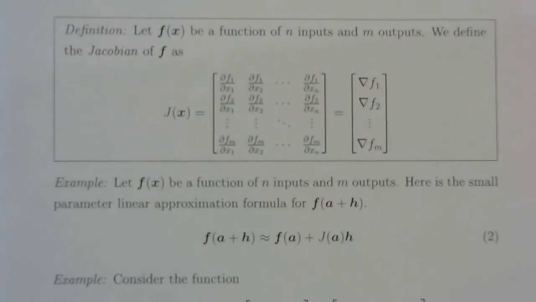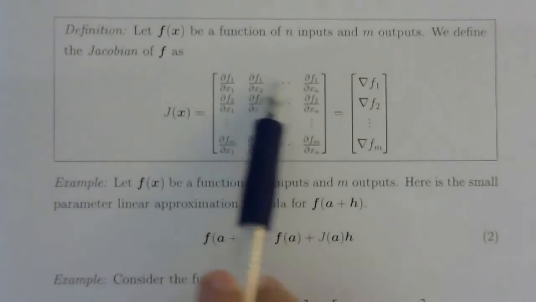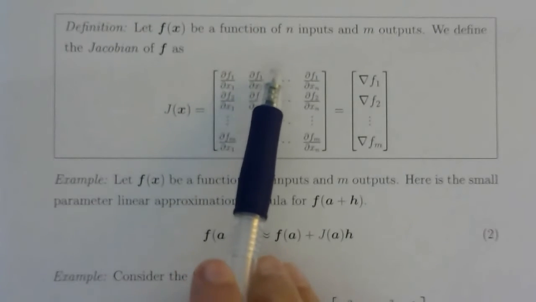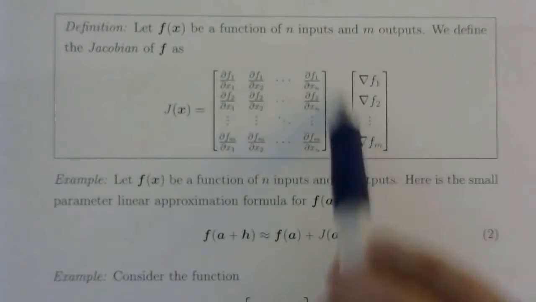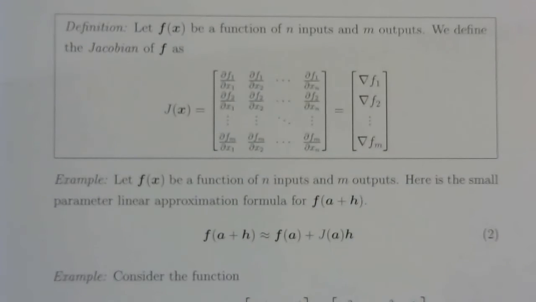So now the idea of the derivative is not a vector, it's a matrix, the Jacobian. Jacobian is defined like this. So the ijth element is the partial of fi with respect to xj, and I can also write it in terms of these gradients here. I can think of it as stacking the gradients.